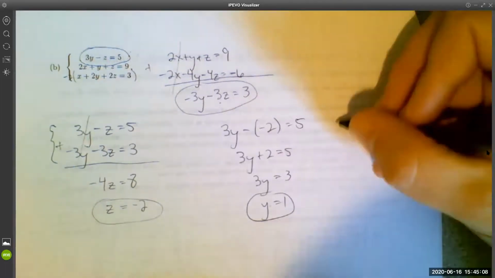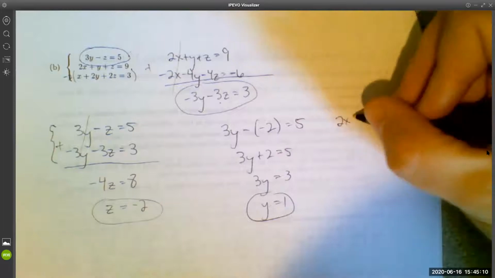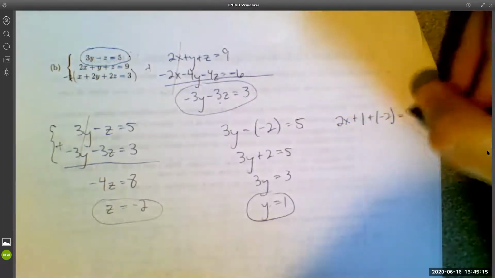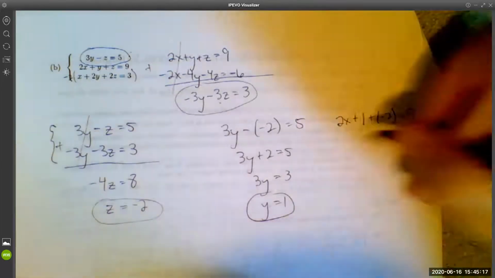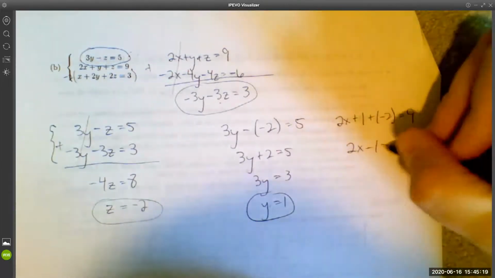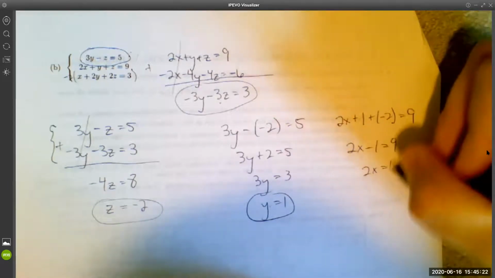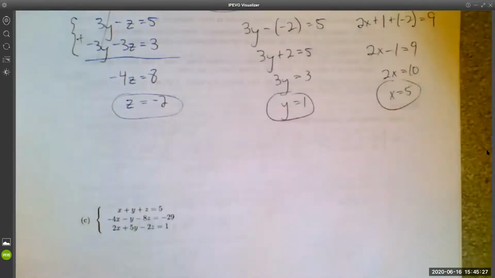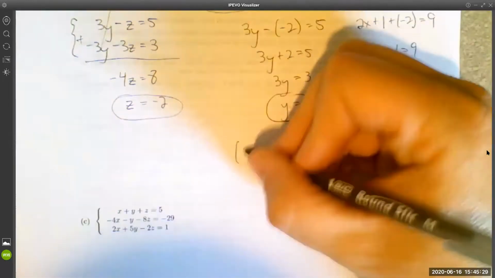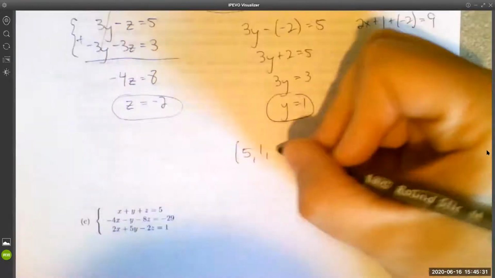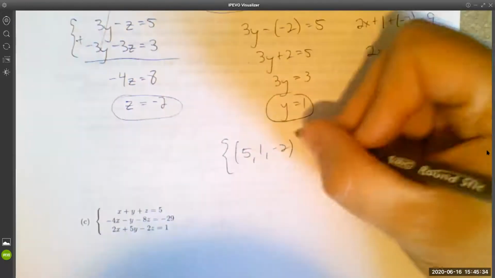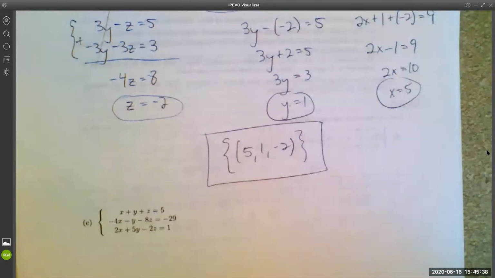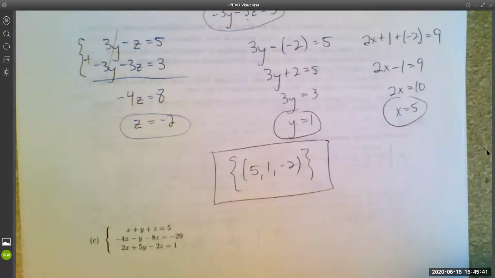So I can say 2x plus y plus z equals 9. So x equals 5. And there you go. So my solution is 5, 1, negative 2. So that's that idea.